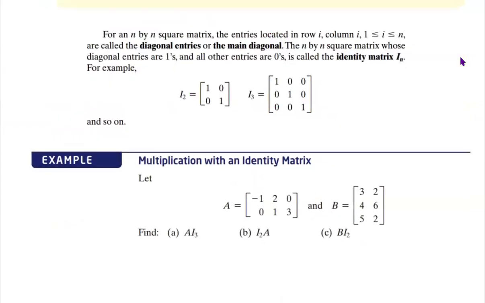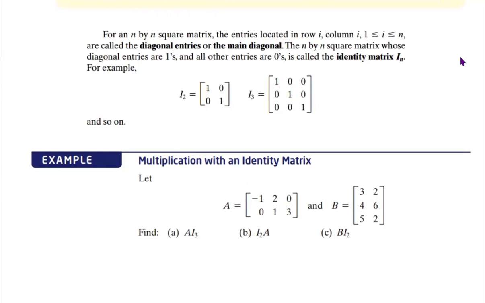Now let's see the identity. The identity matrix is like a 1, but you need to pay attention to the dimension of matrices, because it has 1 on the main diagonal entries only, and zeros otherwise.